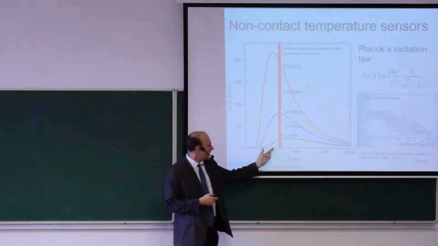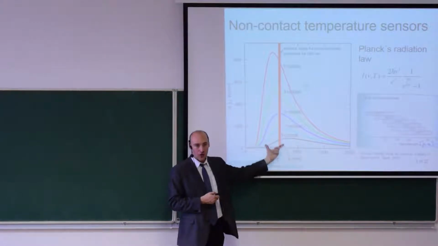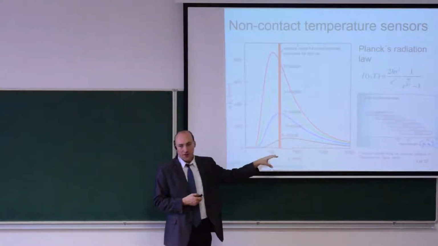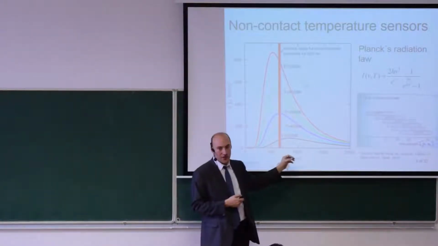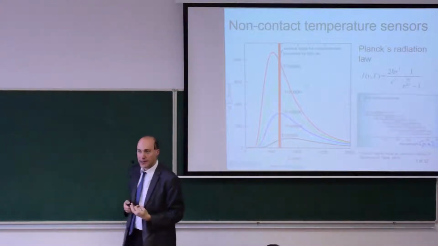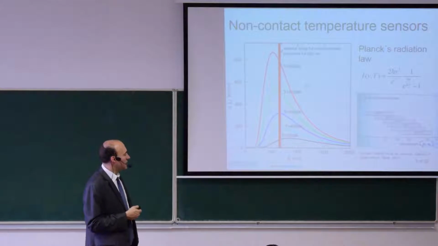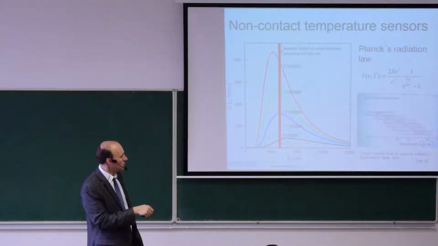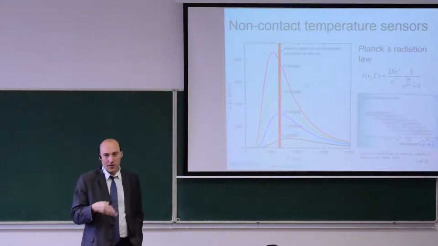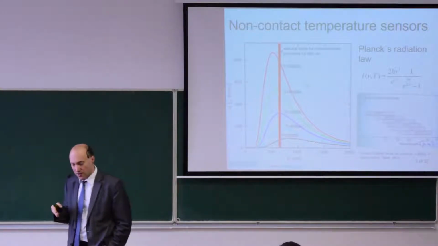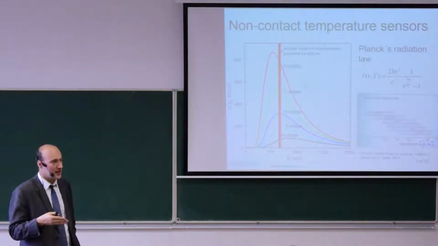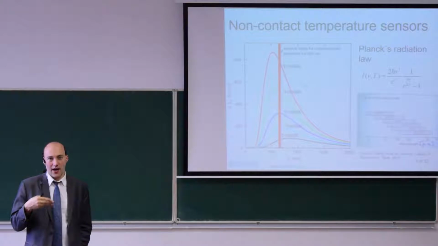So we see this part of the spectrum roughly. And if the temperature of the object is small, then we don't see it, but it will still radiate. This will have the effect that if I want to measure objects with low temperatures, I need to measure on different wavelengths than if I want to measure objects with high temperature.